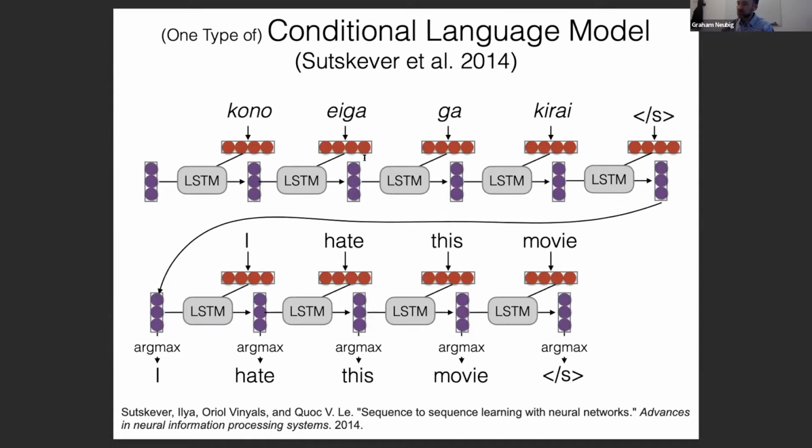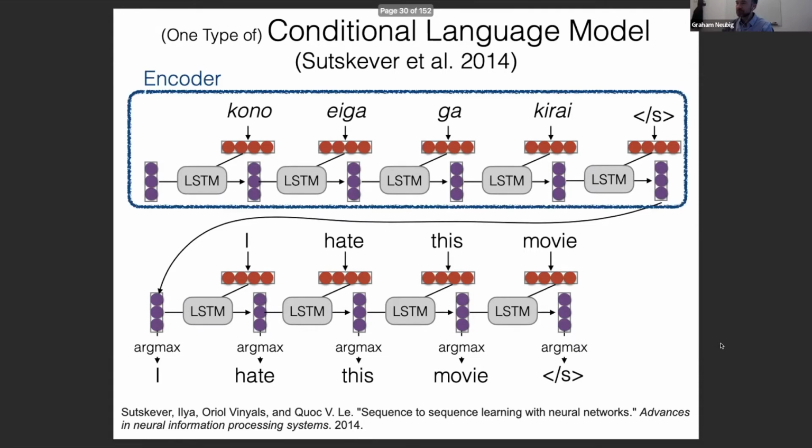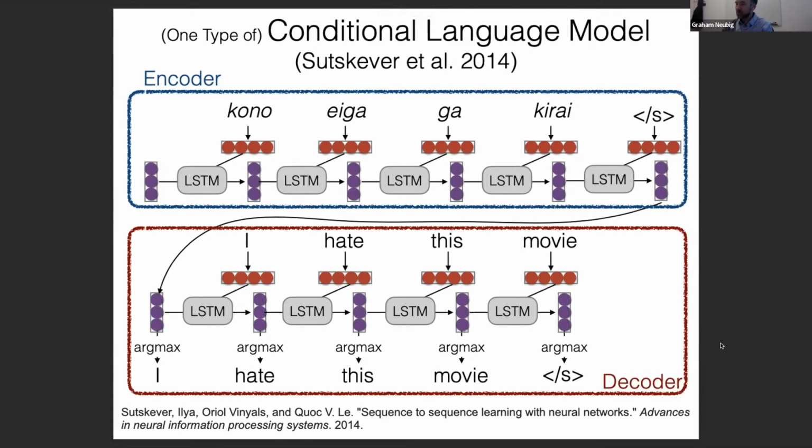Maybe it's a Japanese sentence, and then we predict the probability of the output, the English sentence, one by one. So we have the encoder, so this is often called an encoder, and this is called the decoder. So these are often called encoder-decoder models. And they're used pretty widely in all of NLP nowadays.